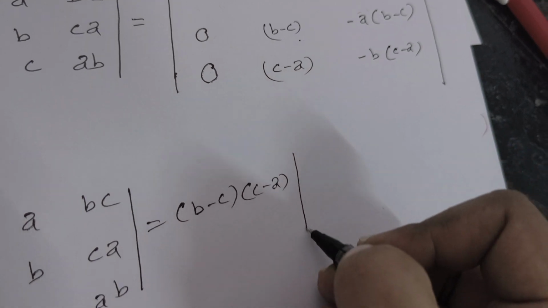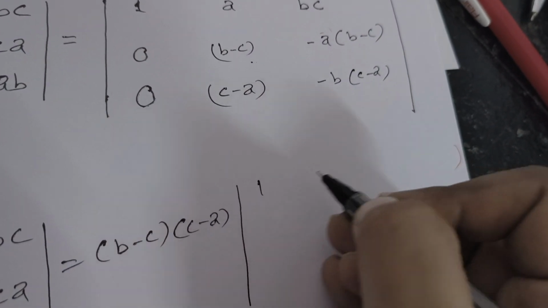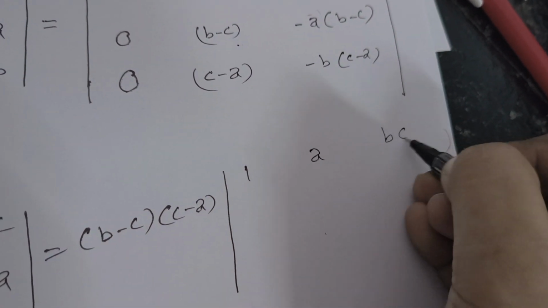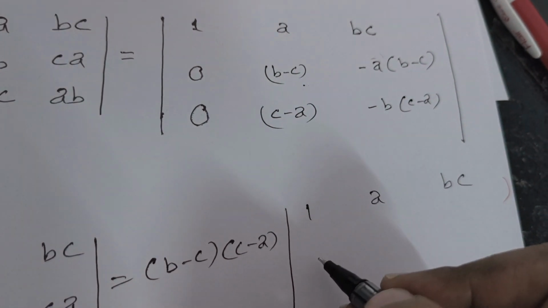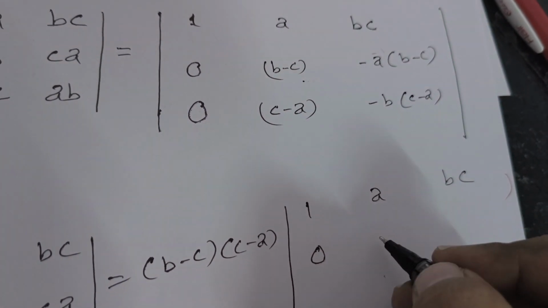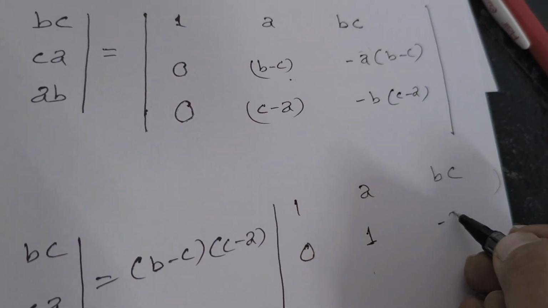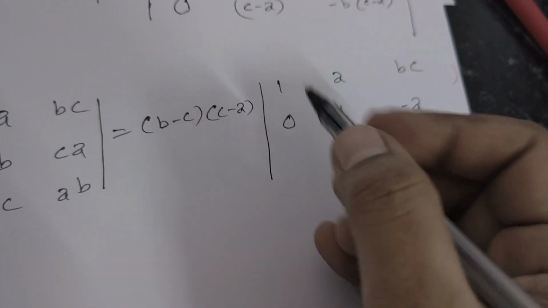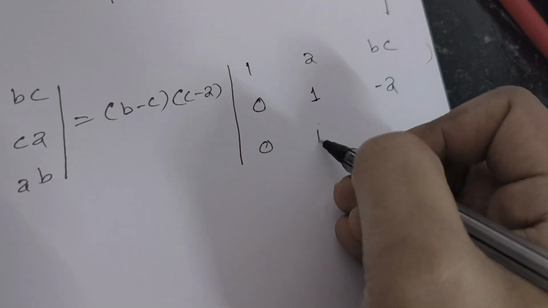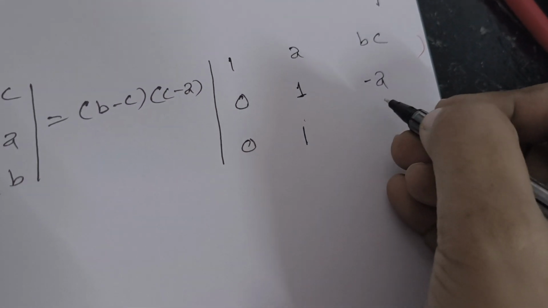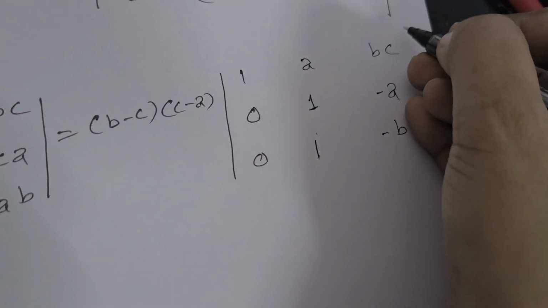Now first row 1 a bc, second row 0, 1, minus a, and third row 0, 1, minus b.